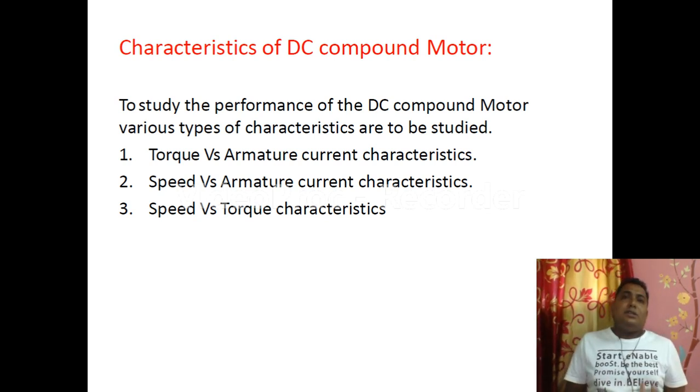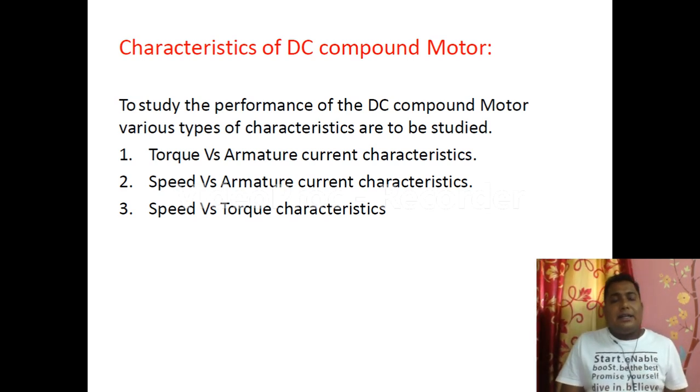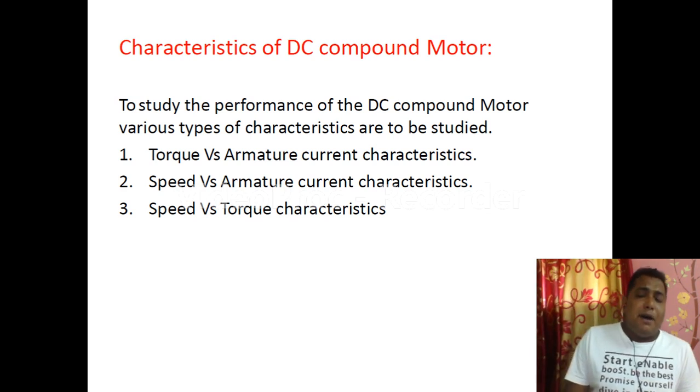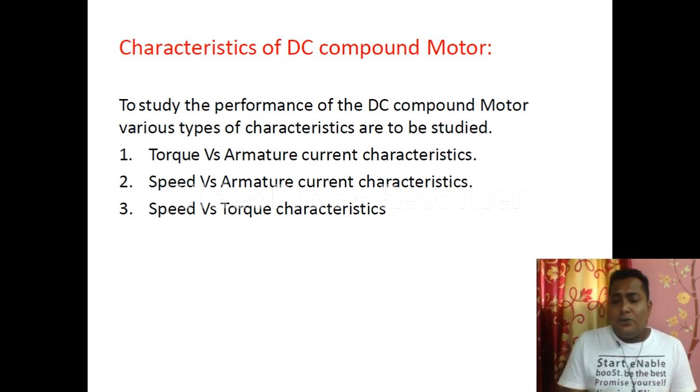If we know the torque-armature current characteristics of series and shunt motors, and the speed-armature and speed-torque characteristics of both machines, then we can draw the characteristics of the compound motor. So very simple to draw.